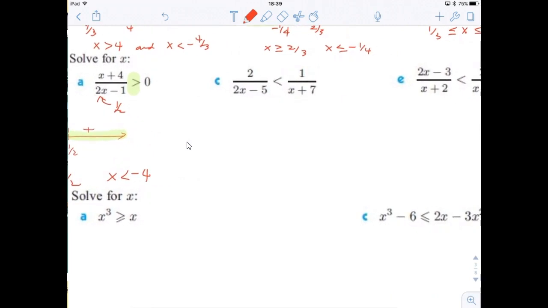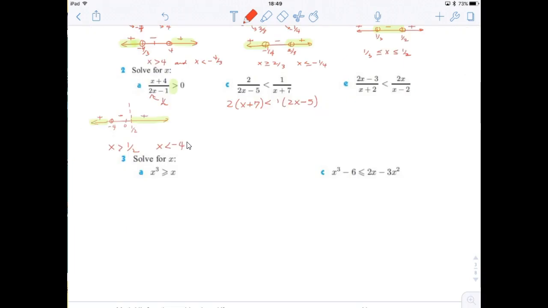2 over 2x minus 5 is less than 1 over x plus 7. Let's do a cross multiplication to get everything out of the denominator. Okay.